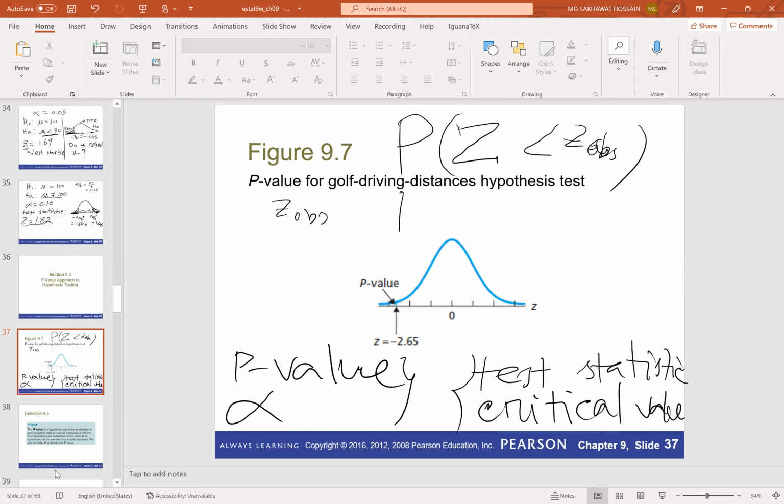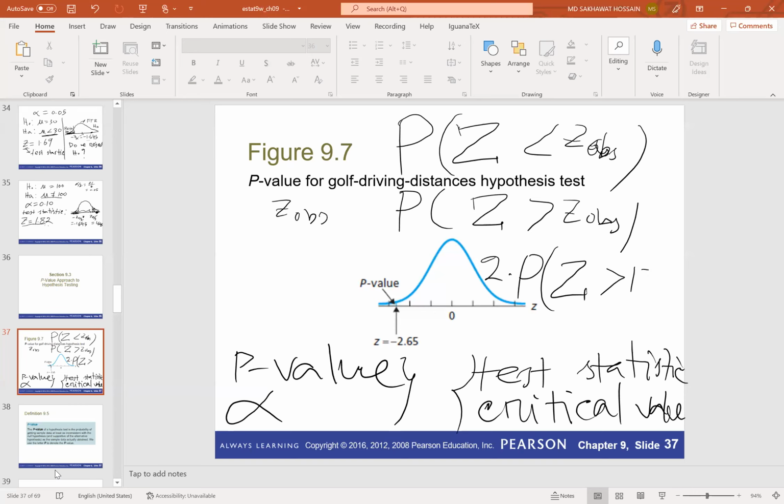For the right tail test, the p-value is the probability of z greater than z observed. And for the two tail test, the p-value is 2 times the probability of z greater than the absolute value of z observed. So this is the p-value for the left tail, this is for the right tail, and this is for the two tail test. So what is actually the p-value?